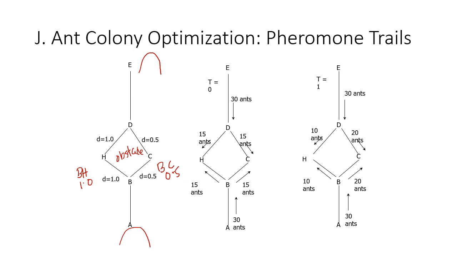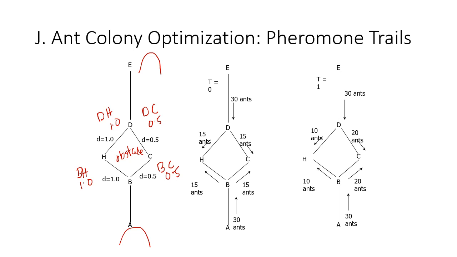Meanwhile, at D, the path is also divided into two. Path DH has a distance of 1.0, and path DC has a distance of 0.5, which is half of DH.